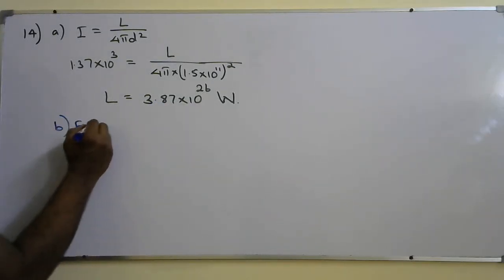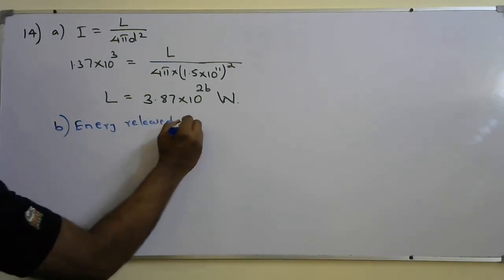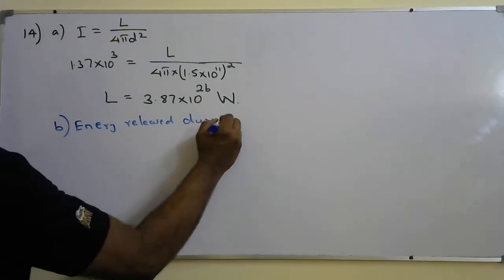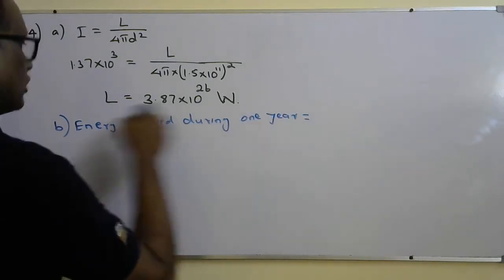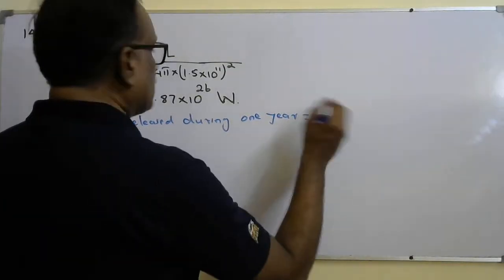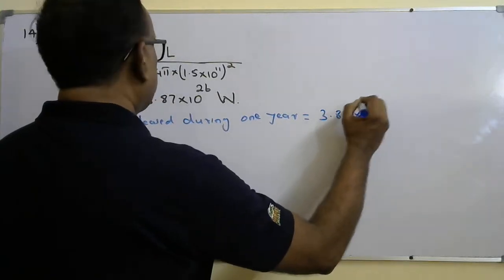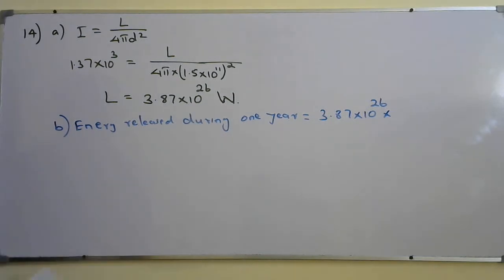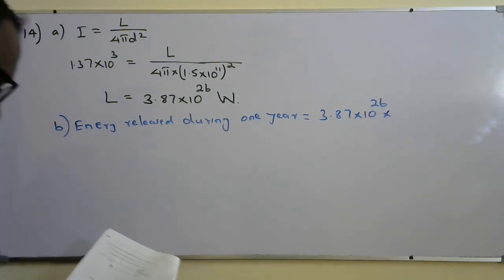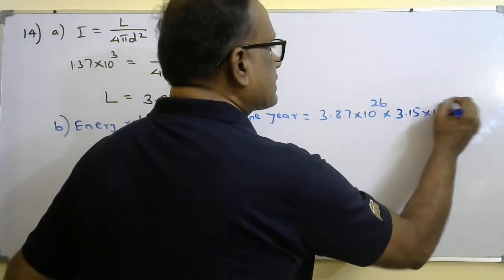Energy released during 1 year is equal to power, luminosity, times time. So that is 3.87 times 10 to the power 26 joules per second, times 1 year. 1 year is given as 3.15 times 10 to the power 7 seconds.